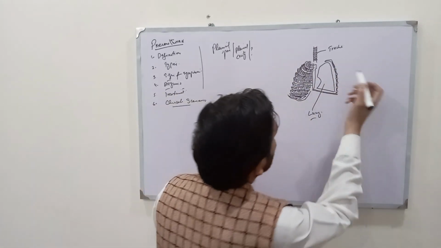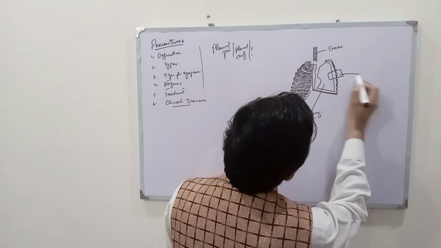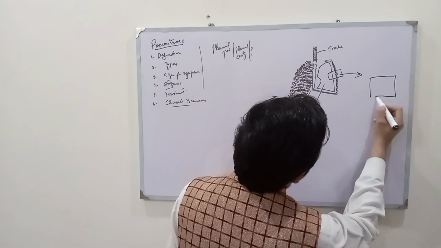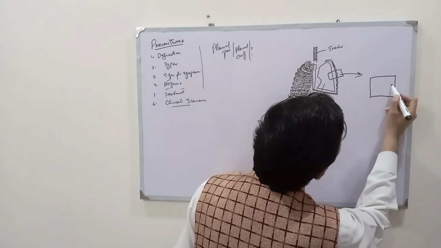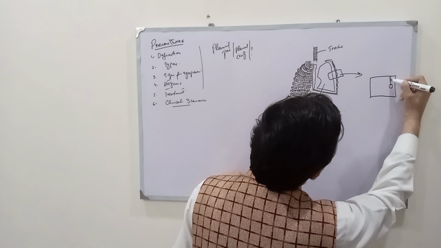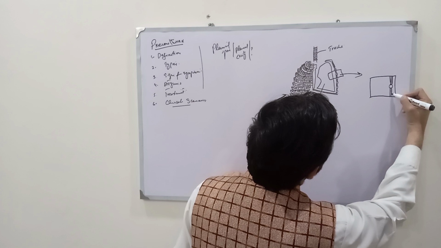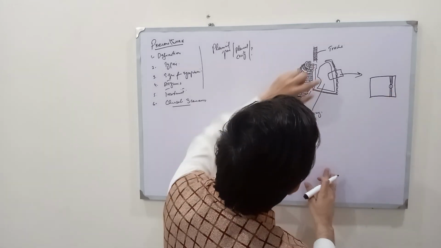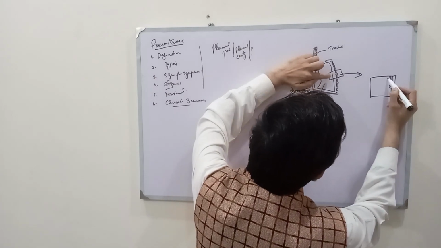Now, I am taking a small piece from this and enlarging it. Again, this is the cross section of rib here, intercostal muscles, surface of lung here.